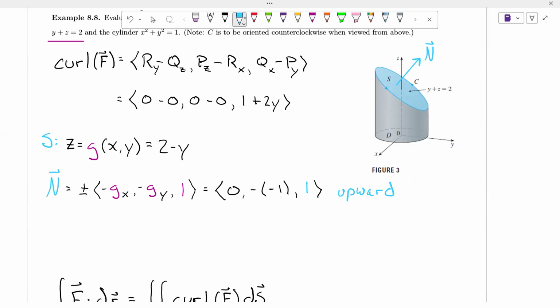But with the way that I've written out that normal vector, it is already predisposed to pick out the positive, or the upwardly oriented, normal vector. So with all that said, we're probably ready to integrate this thing.